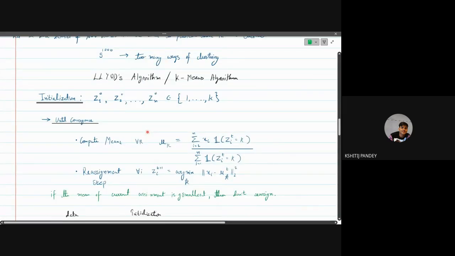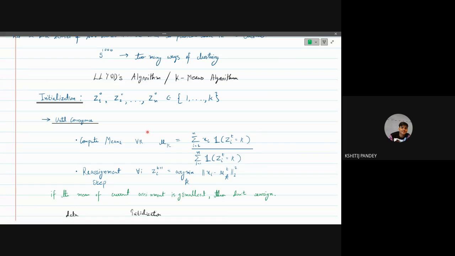Now, we have calculated the mean. So let's go back to the definition of good clustering. If clustering is good, that means the distance between a point and the mean of the cluster where the point belongs will be smaller compared to the distance between the point and the mean of other clusters. So we'll check that.